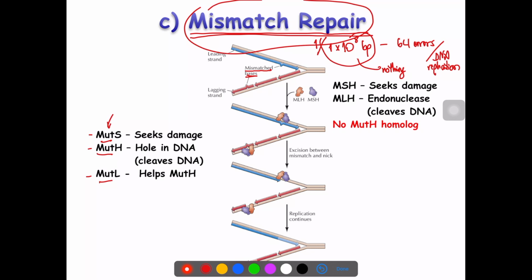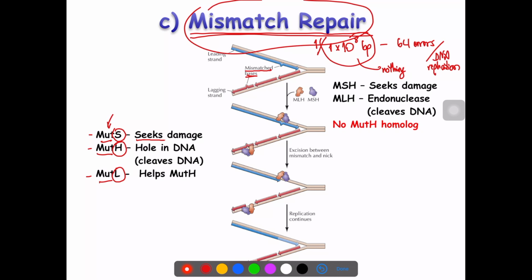It shows a dramatic increase in the frequency of mutations during DNA replication. So the enzymes involved in this pathway were denominated Mut. There are 3 different enzymes: MutS, which in this particular case is the one that senses the damage; MutH, which is an endonuclease that creates a nick in the DNA; and then there is MutL, which enhances the activity of MutH.